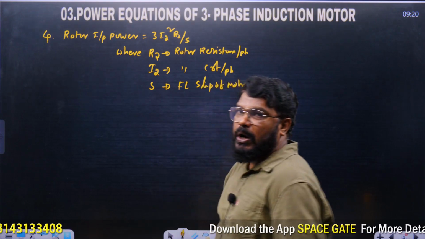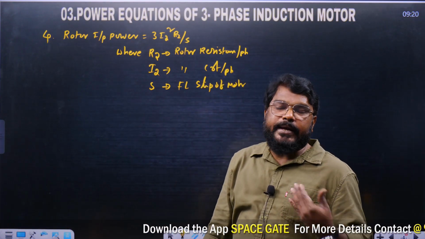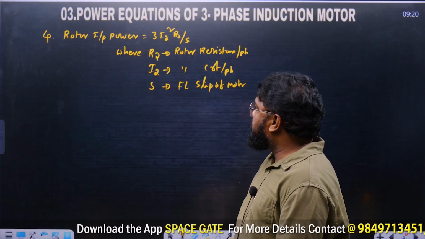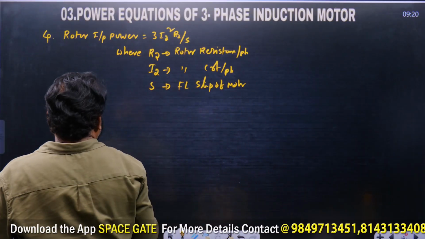We know how to calculate the slip of the motor: ns minus n divided by ns. This is the rotor input power.